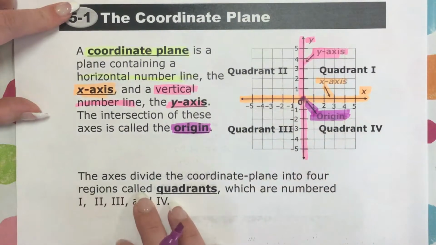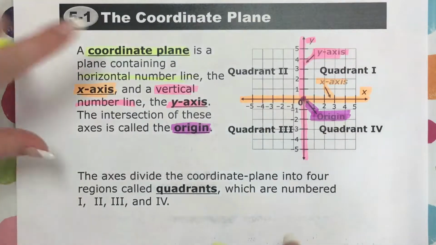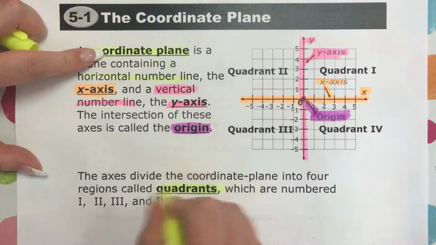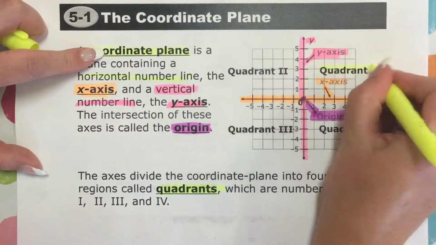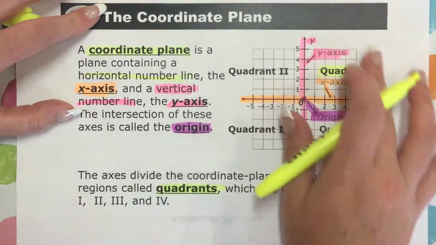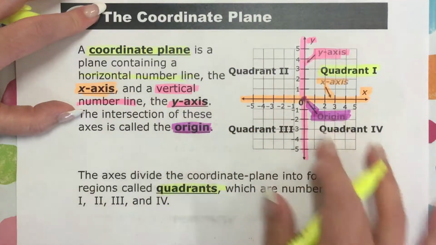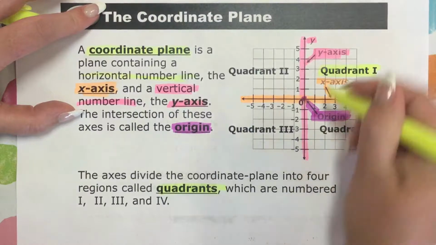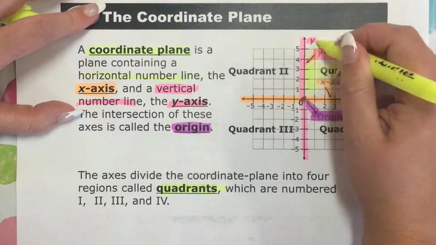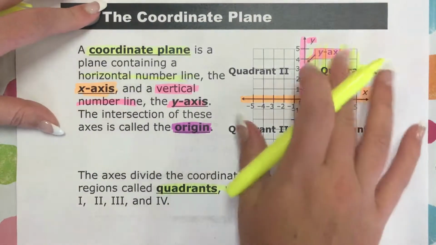Now, something else: the axes divide the coordinate plane into 4 regions called quadrants. If you look here, this is quadrant 1. You start here with quadrant 1. There are 4 quadrants: quadrant 1, quadrant 2, quadrant 3, quadrant 4. Any point in this realm here is quadrant 1.